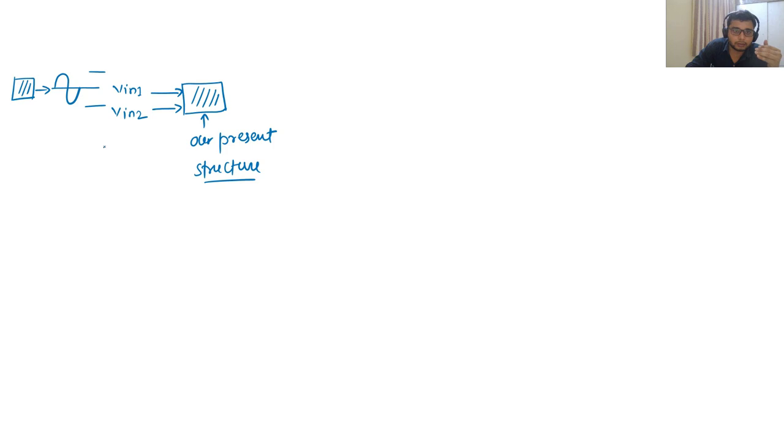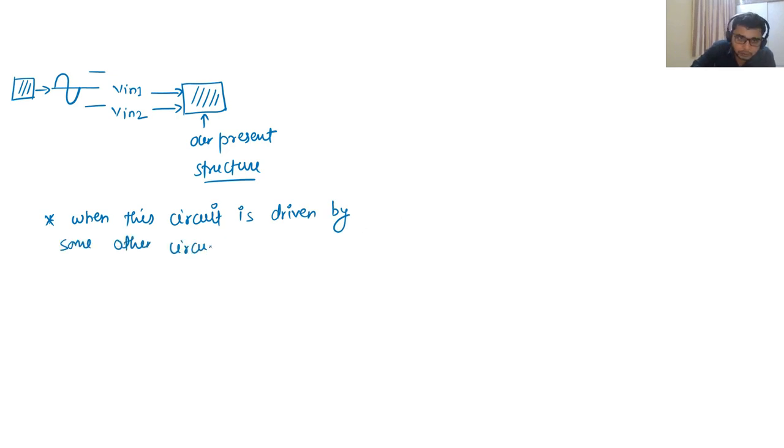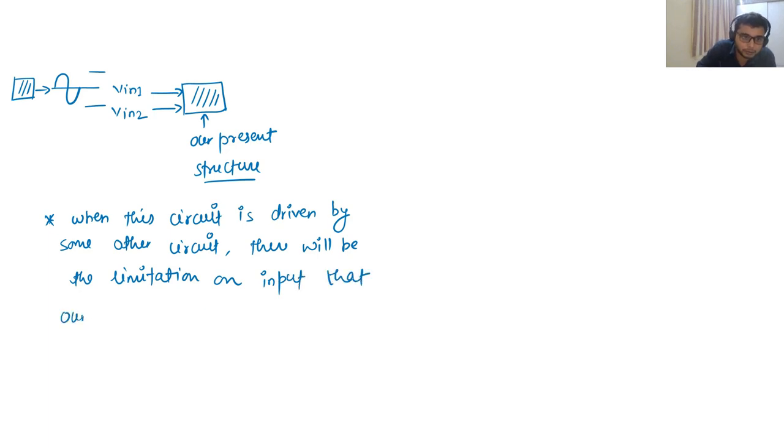So when we drive our circuit with a different circuit, we will have some limitation of output swing. When the present circuit is driven by some other circuit, there will be a limitation on the input that our present circuit can take.